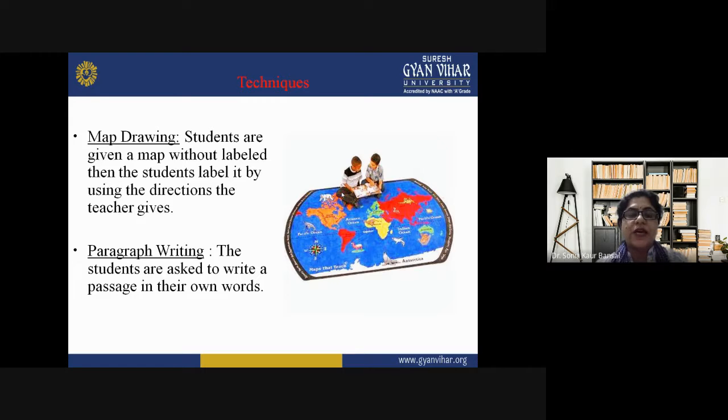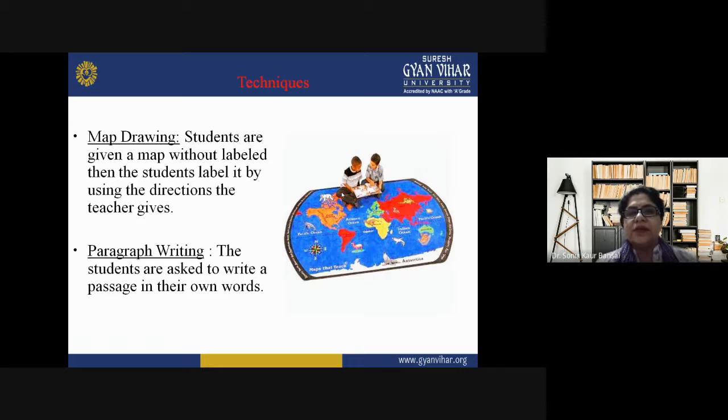Then paragraph writing. These are all the techniques in which the teacher is actually motivating the students to learn English well. In paragraph writing, the students are asked to write a passage in their own words. This is a very old technique, students, when a passage was asked to be written by a student.